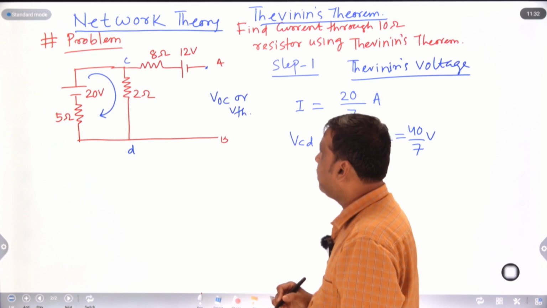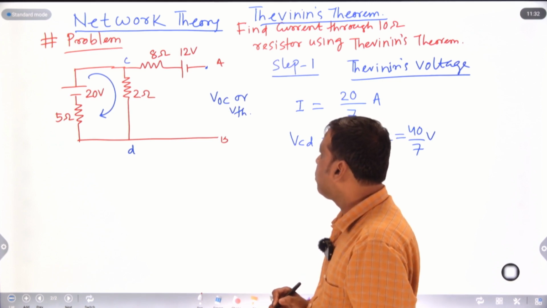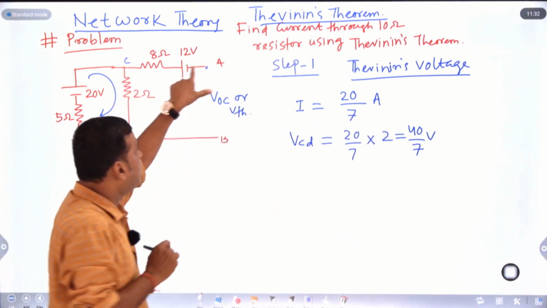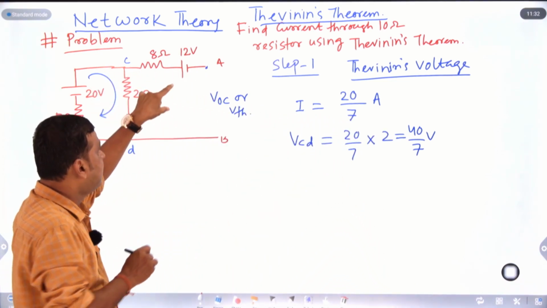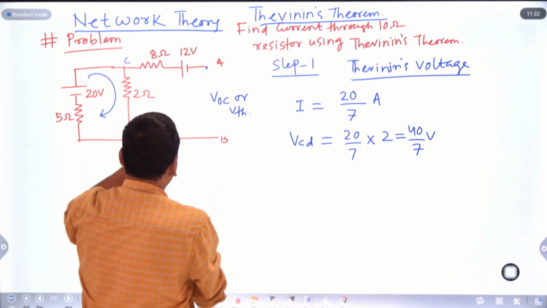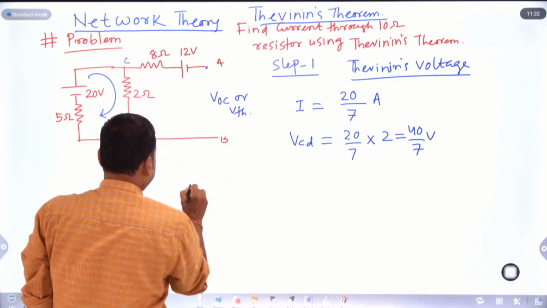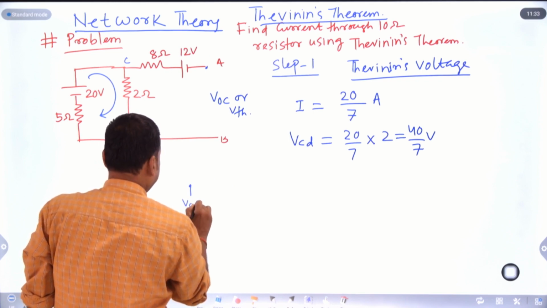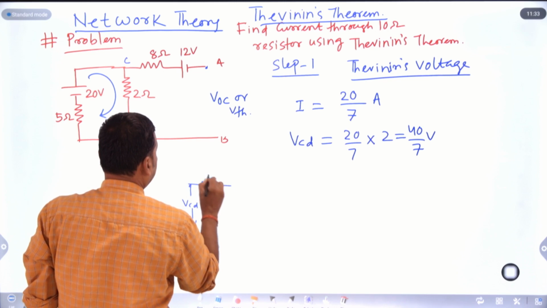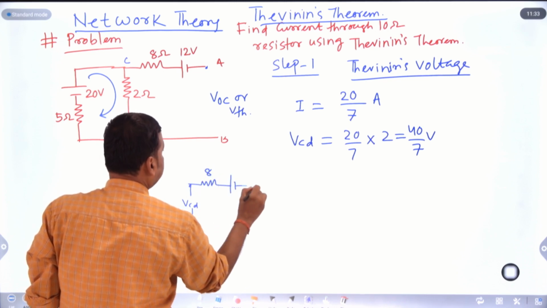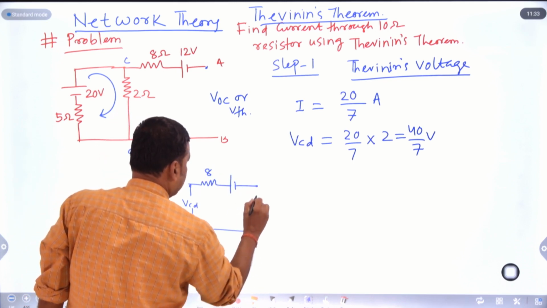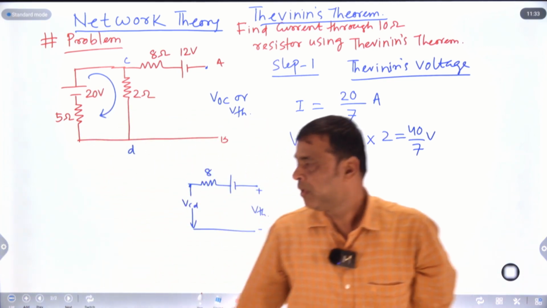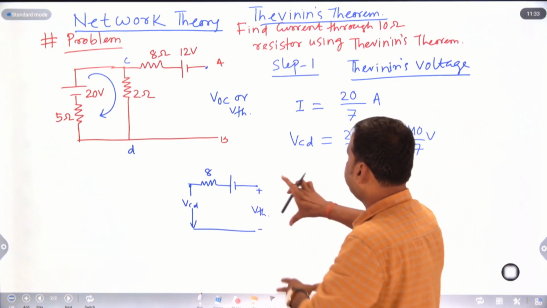This is your VCD. Then we are going to calculate VTH. Remember, since it is open, there is no current flow through this branch. This voltage is VCD, and this is 8, and this is 12, and this voltage I can say is VTH. How will we calculate VTH?